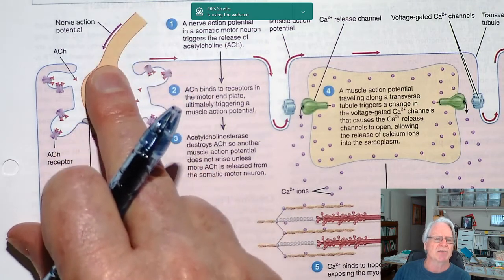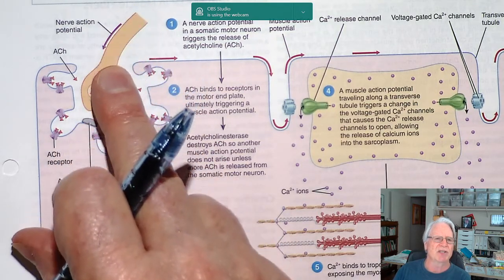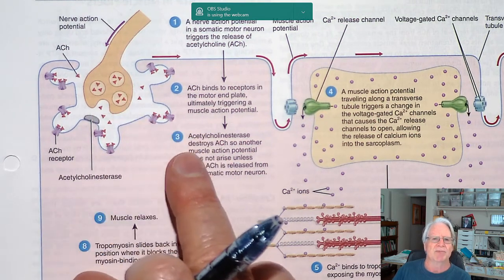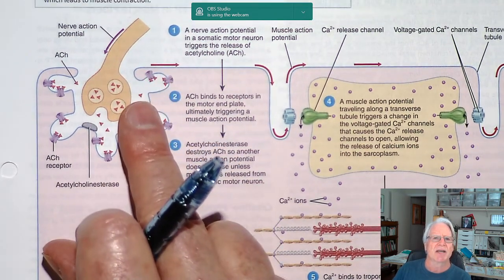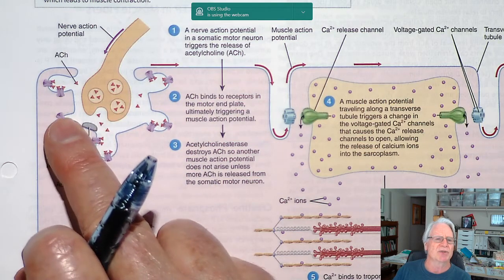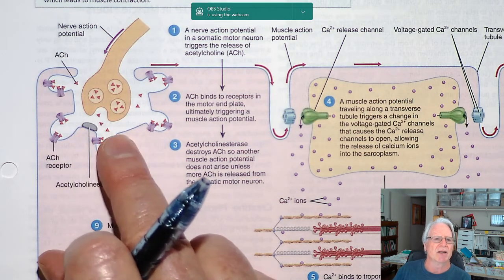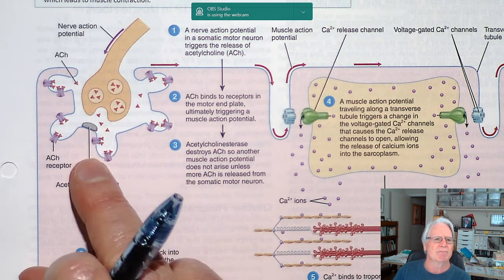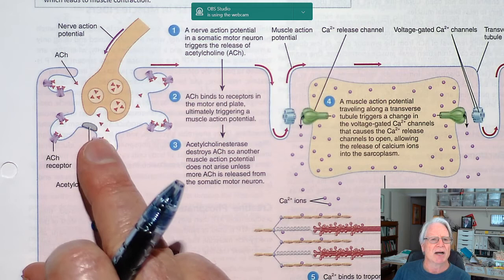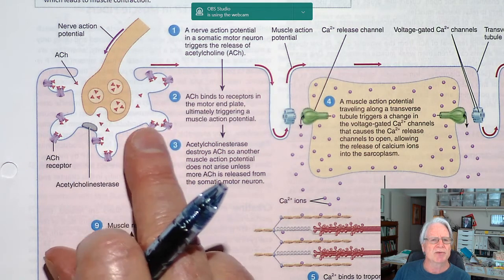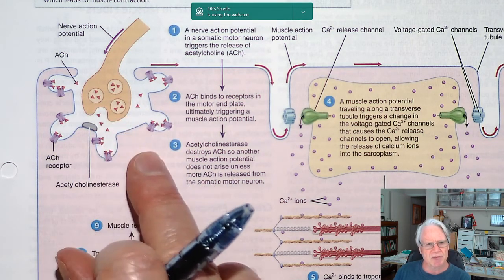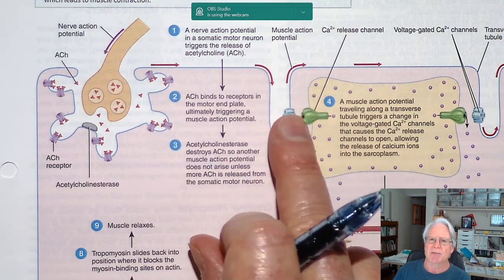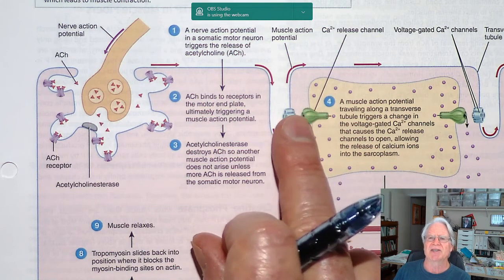So when the action potential stops, that is, when the stimulation of the motor neuron stops, then acetylcholinesterase will break down the acetylcholine, and we will no longer have open receptors. No more sodium will flow in. That will stop the action potential, and we will return to the blockage of the calcium release channel.